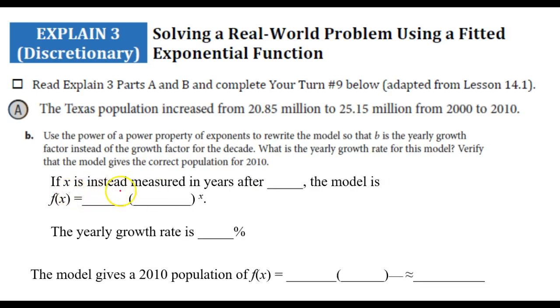Okay, so if x is measured in years after the year 2000, the model would be the same a value, which was about 20.85, but our new growth model would be 1.019, meaning our yearly rate is, if we changed this part to a percent, we can multiply that by 100. Go ahead and work that out. And that would be about 1.9% growth rate.